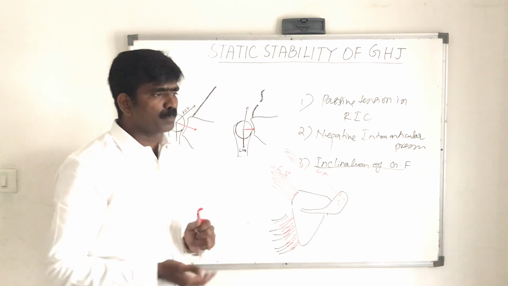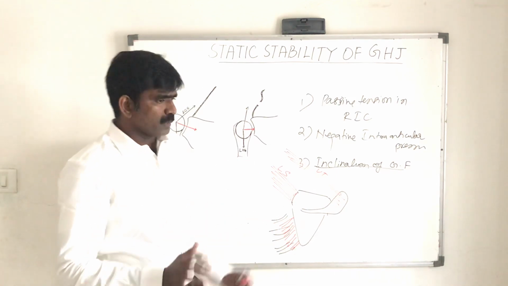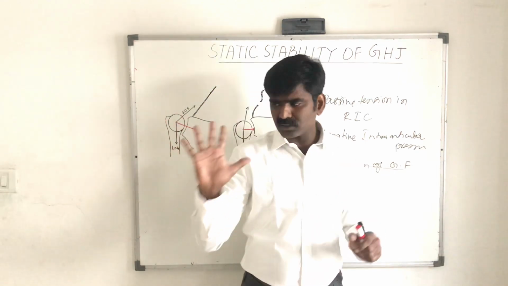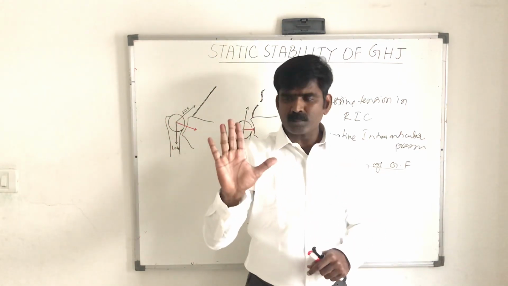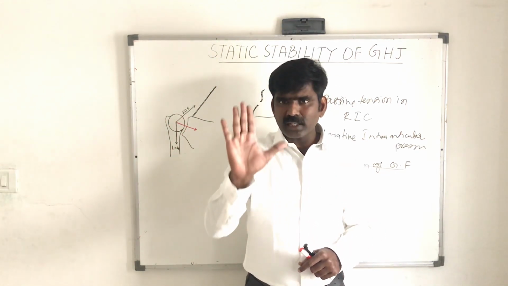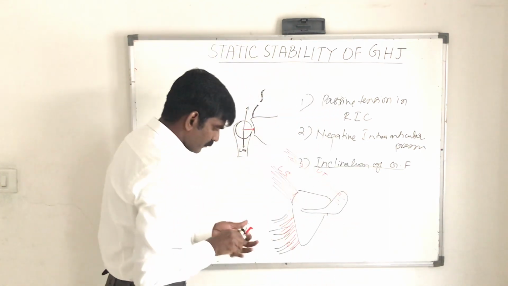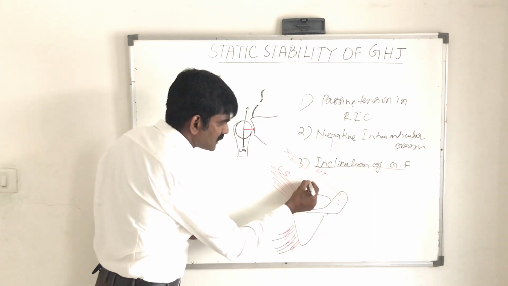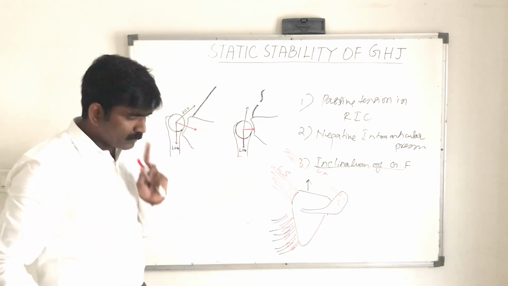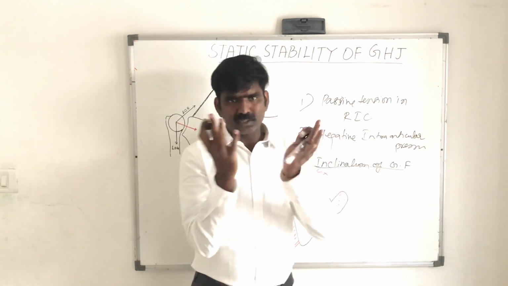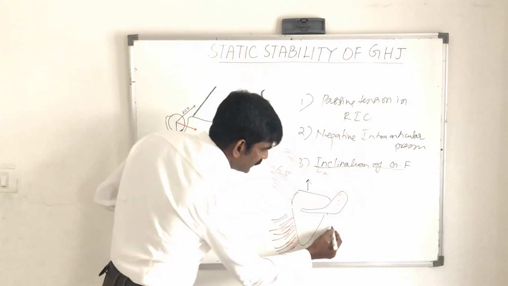So what is the optimal posture of the scapula? Suppose you take this as my right scapula, clear? The scapula is slightly elevated. The scapula is slightly retracted.